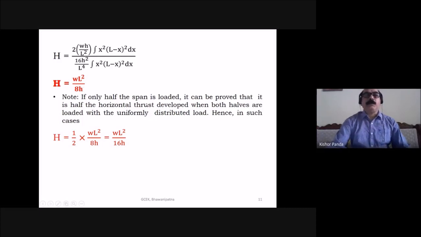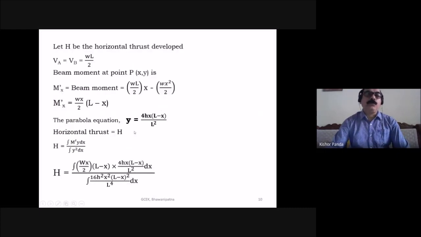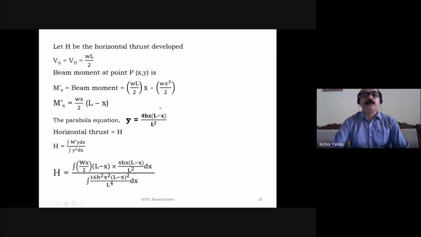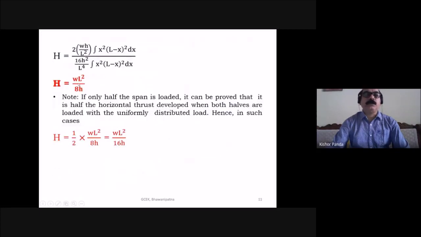Note, here the full span is loaded. The UDL is on the full span. So you get WL squared by 8h as the horizontal thrust. If only half the span is loaded, it can be proved that the horizontal thrust is half of that developed when both halves are loaded with the uniformly distributed load.